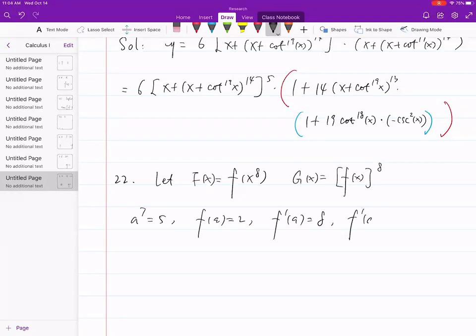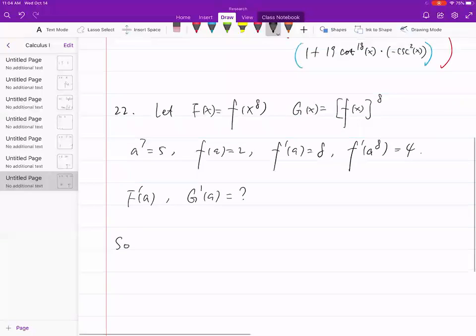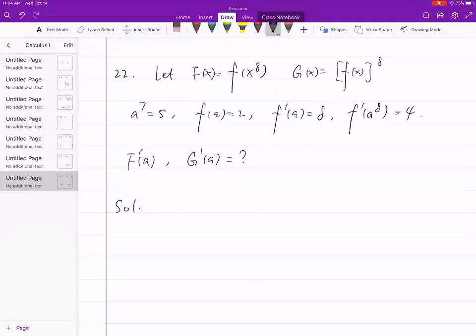And f prime of a to the 8 equals 4. Your job is to try to find f(a) prime and g prime a. Okay. Play with the symbols.